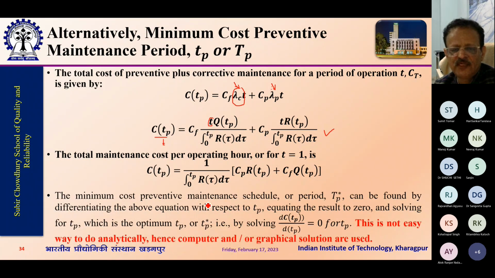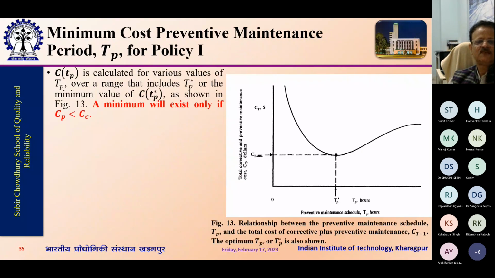So if you are lucky, you can use calculus, differentiate this equation and equate it to 0, to find the optimal TP. But most often this is not the case, and one has to resort to the computer or some graphical solution. But these are the equations for the model which I am discussing now.